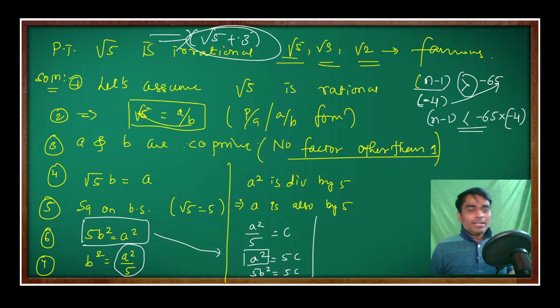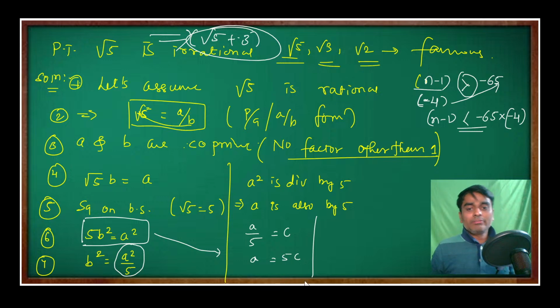Okay, till here clear? Am I fast? Tell me. If till here everything is clear, just tell me. A by 5 ತಗೊಳ್ಳಿ ಇದು. A by 5, A equal to 5C.